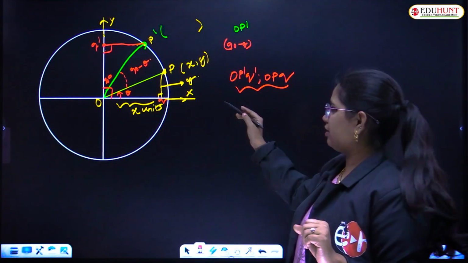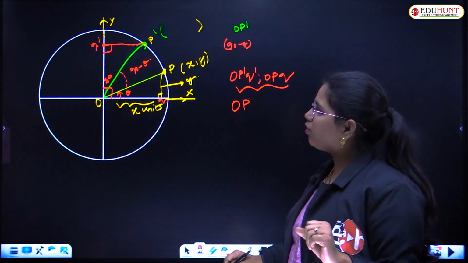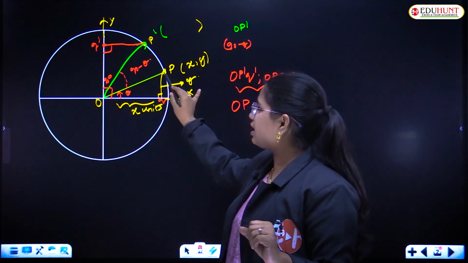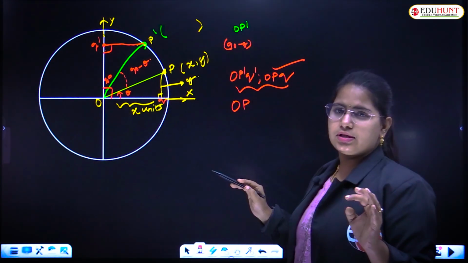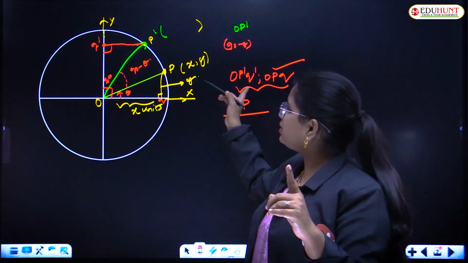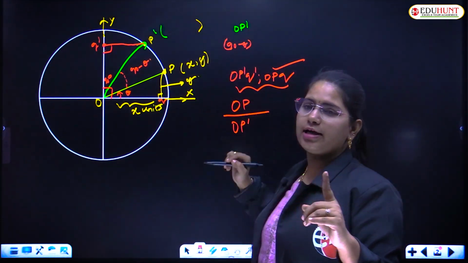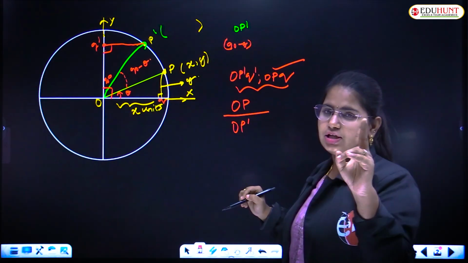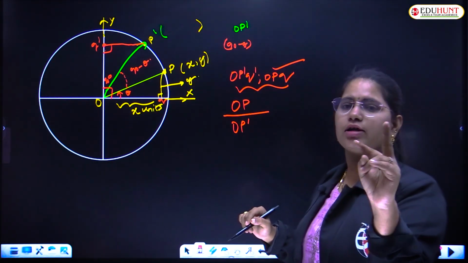By the definition of similarity and congruency property of triangles, can I write like this: OP is the hypotenuse in the first triangle, and OP side is equal to OP dash in the OP dash Q dash triangle. Again I am telling: which triangles have I taken? I have taken two triangles.